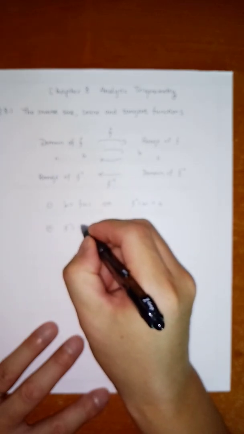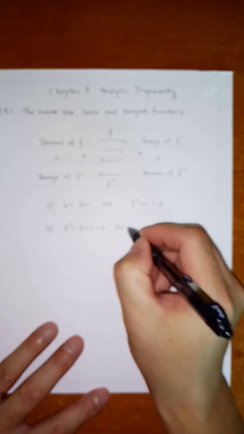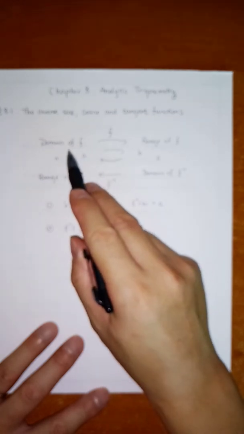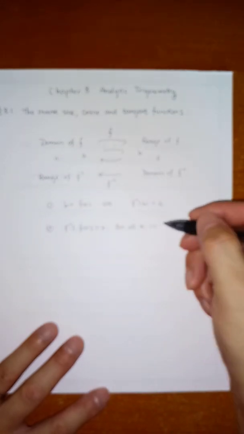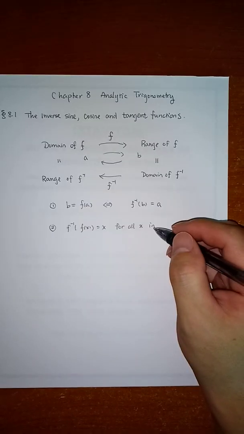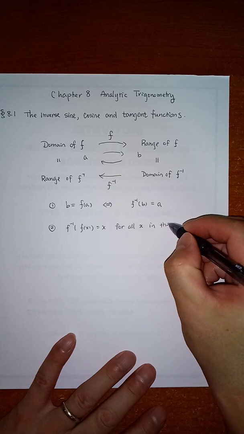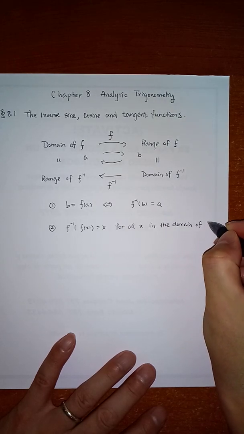f inverse of f of x is x for all x. You see here, you start from x inside the domain, for all x in the domain of f.